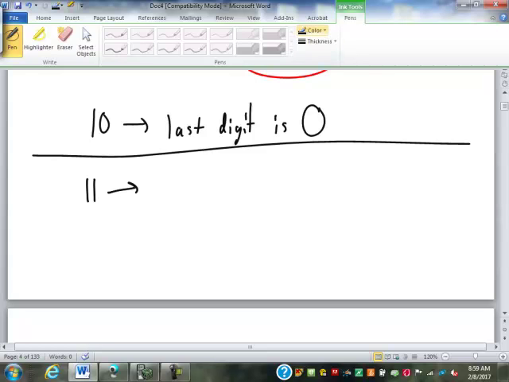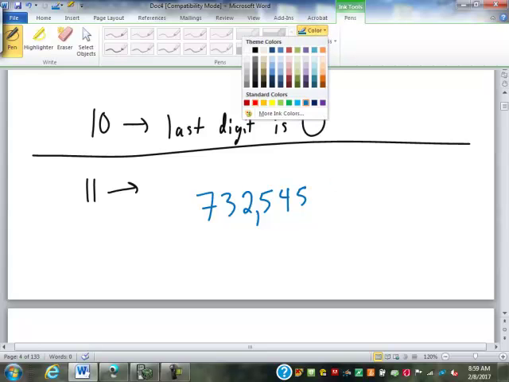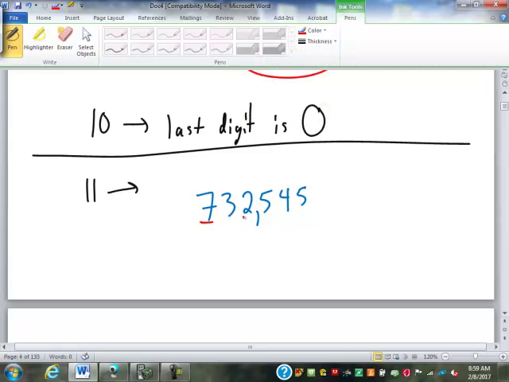What it involves is taking every other digit. So let's just put a number up here. So 732,500 and 45. So what you do is you start with the first digit, and then you take every other digit.